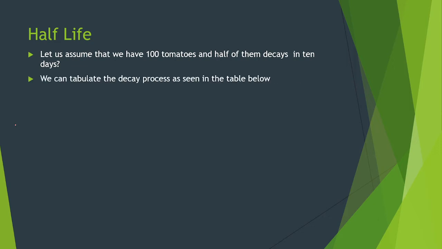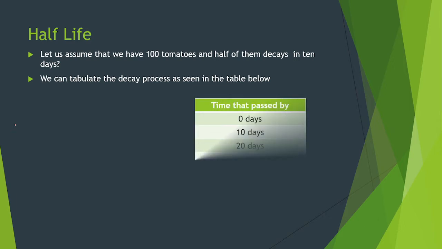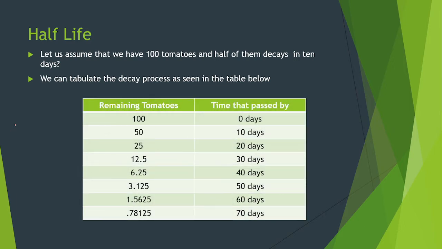We can tabulate the decay process as seen in the table below. For example, we have 100 tomatoes at the onset of the decay process, so the time is 0 days. After 10 days, which is one half-life, 50 tomatoes will remain. After 20 days, only 25 tomatoes are left.